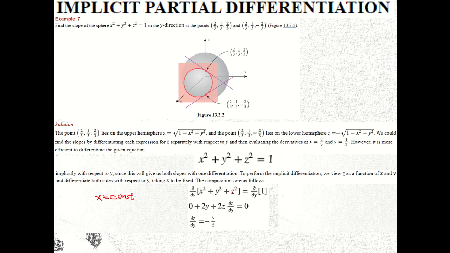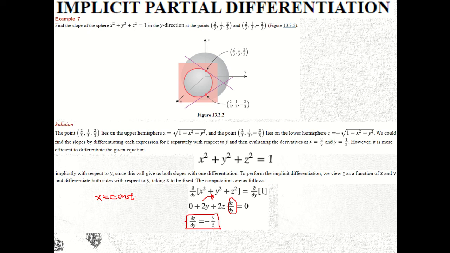Then the partial derivative of z squared, using the power formula, is 2z times the partial derivative of z with respect to y, and the partial derivative of the right side, which is constant 1, is also 0. Therefore, we can solve for the partial derivative of z with respect to y. Transpose this to the other side and divide both sides by 2, and it gives us this result: partial derivative of z with respect to y equals minus y over z.